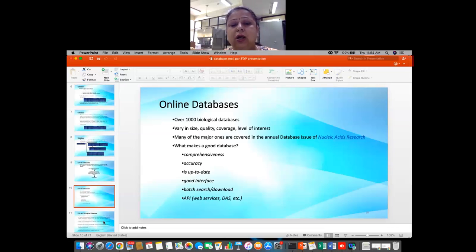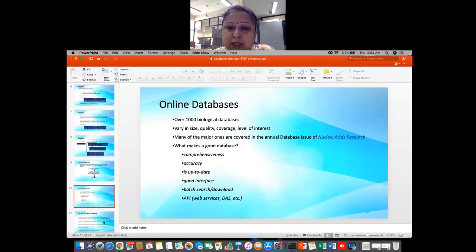Many of the databases are of different origin, different kinds, and they are available online for the people to search, to make use of the information contained in them for their research and personal use. So they vary in size, means the amount of information they carry, quality, coverage, and level of interest.